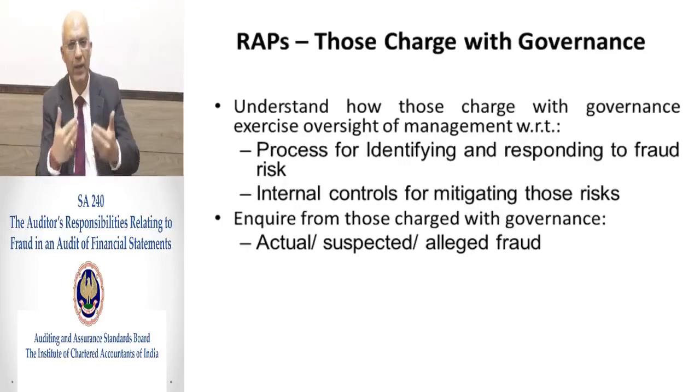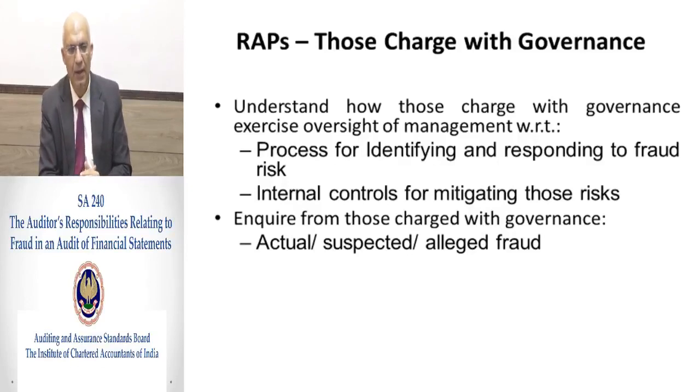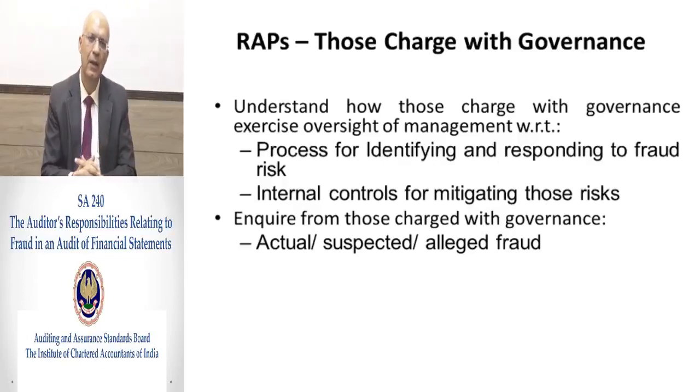And one can also, as an auditor, ask whether there are any actual or suspected frauds. How have those been dealt with? Or are those charged with governance aware of any such frauds taking place or having taken place? So this will help the auditor in forming a better understanding about these factors.